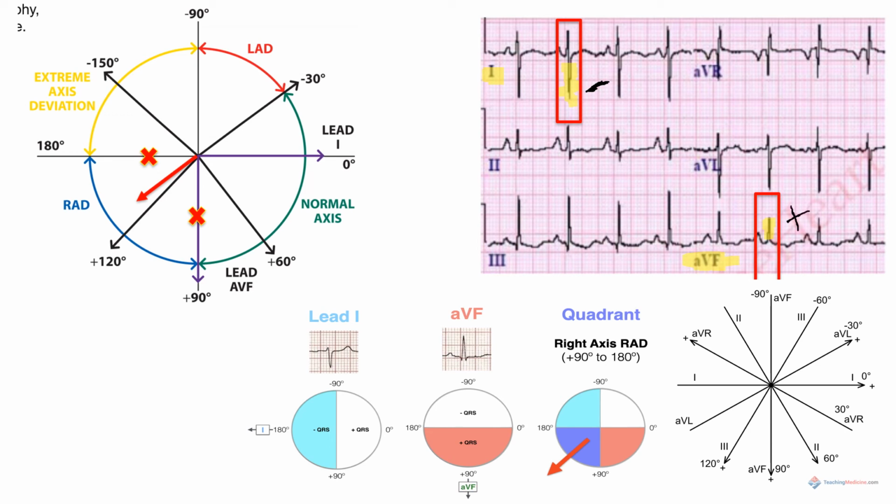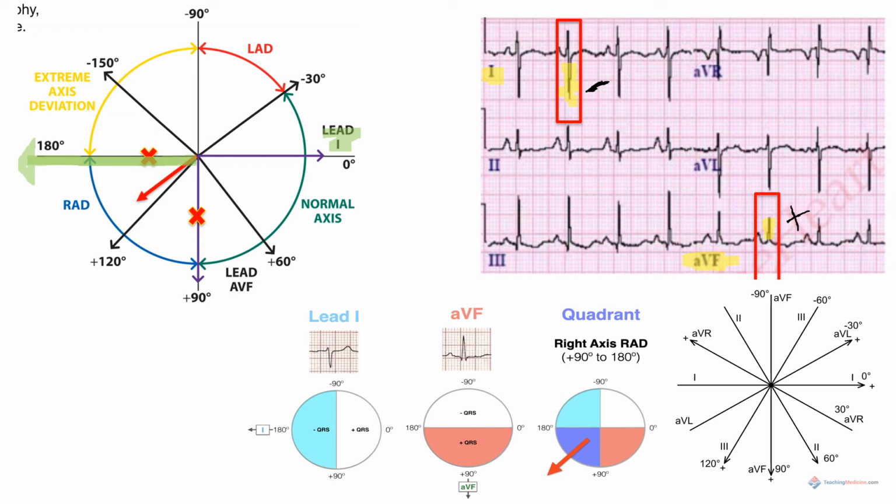Okay, what are we going to do? We're going to go to our x-axis that we have right here and find lead number 1. This time you're going to draw your arrow headed this way. Your vector is going to be headed this way because we said that it has a more negative deflection.